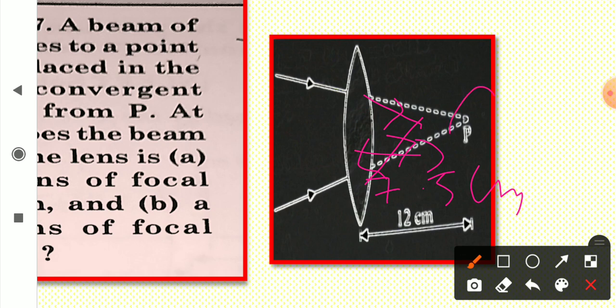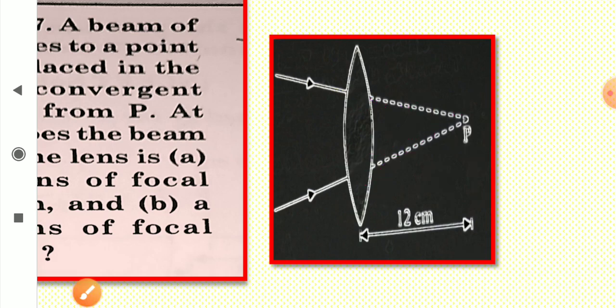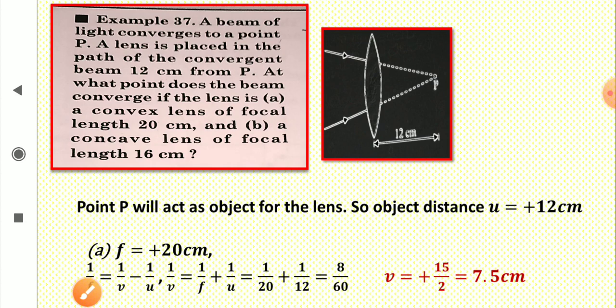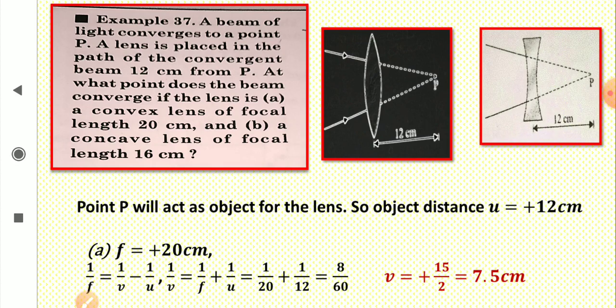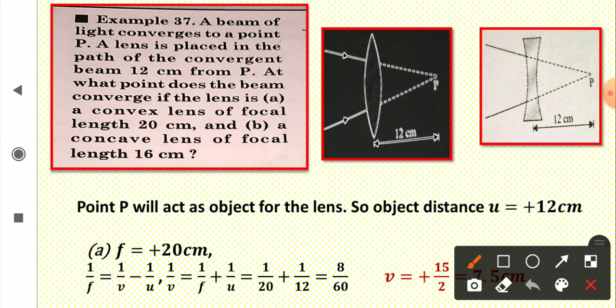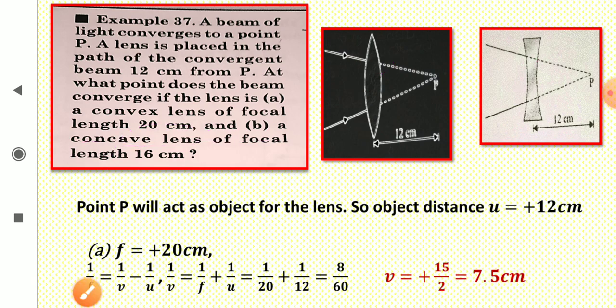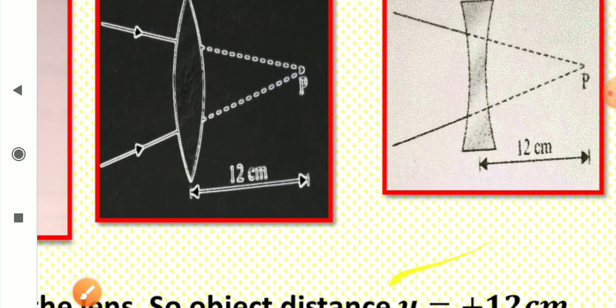So object is at 12 centimeter and image is at 7.5 centimeter. You must understand the working of the lens. And now for the second part, a concave lens of focal length 16 centimeter. Now in place of convex lens, I have placed a concave lens at the same distance. So look at this diagram now.